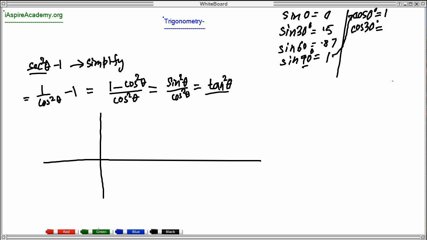And then cosine 30 equals sine 60 degree. So let me choose a different color so that it's a little better to look at.